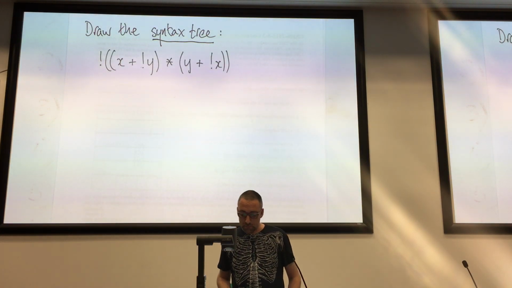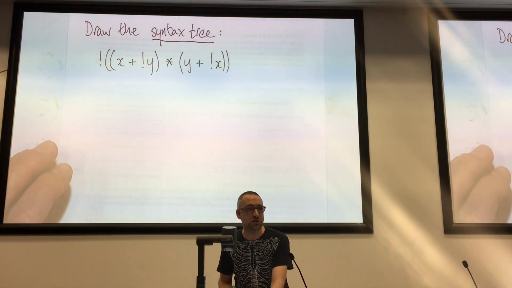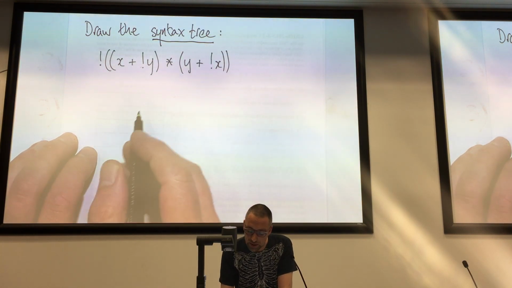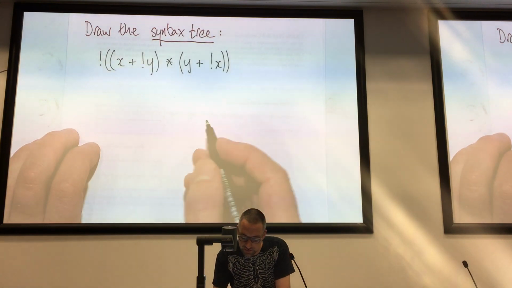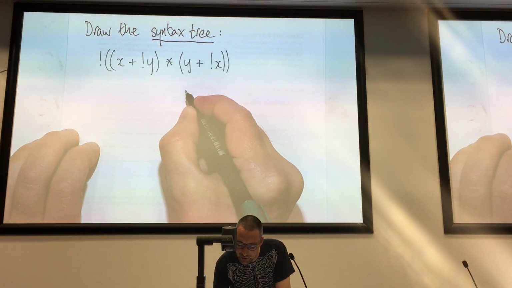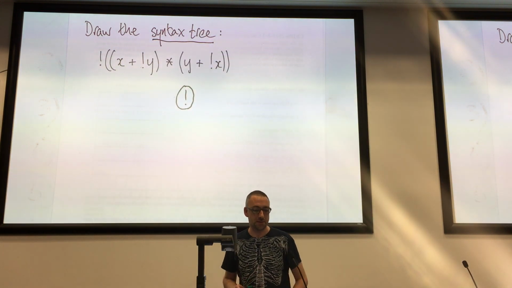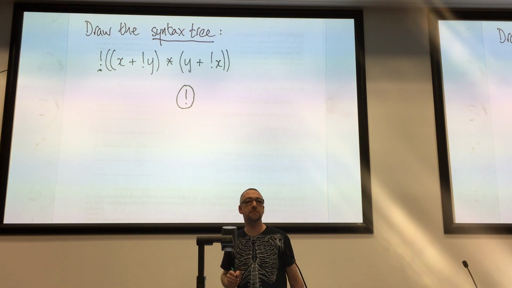Right, so I see this as a tree structure describing a formula. You can see this whole formula is not of something. So that means we've got a not at the top of the tree. So that's this not here.